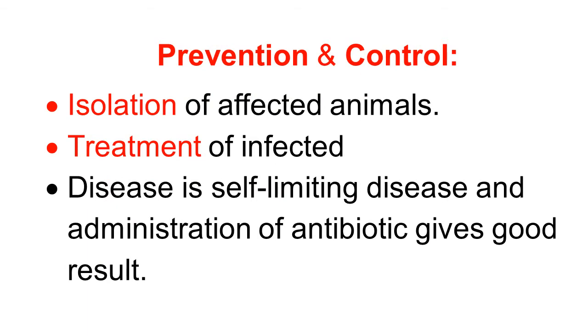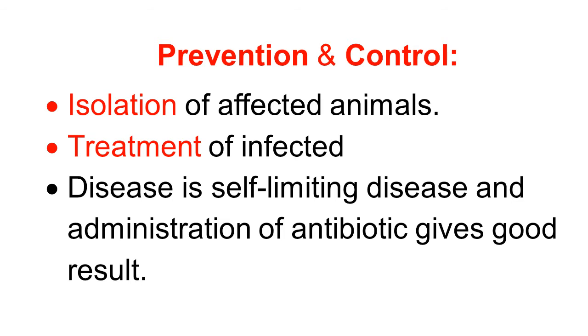We discuss here prevention and control of actinobacillosis. In comparison to actinomycosis, the prevention and control of actinobacillosis is easy. As it is an infectious disease, isolate the affected animal so it will stop the spread of the disease to other healthy animals.